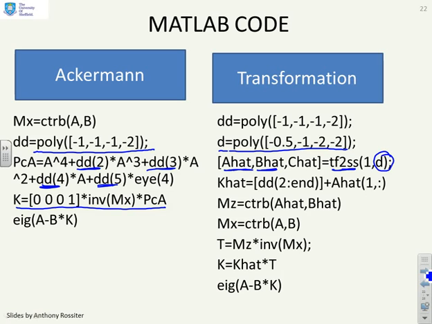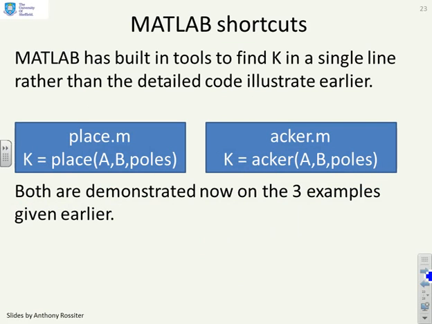I've then said, what are the parameters I want? So that's DD, the second parameter to the last parameter, and added those to the current parameters in A hat, and that gives me K hat. I've calculated MZ using A hat and B hat, MX using A and B, and then just plug things into the formula.